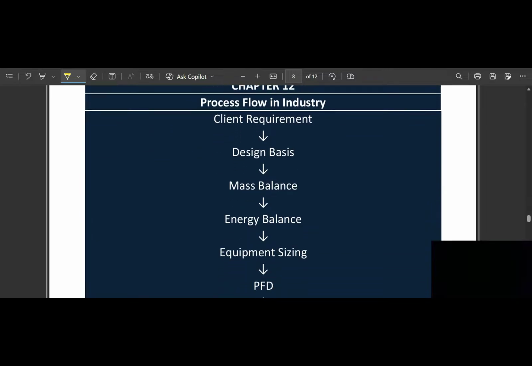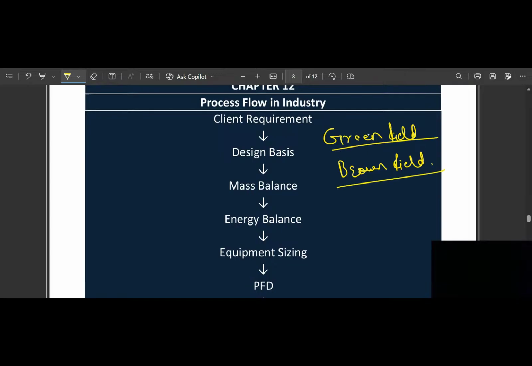Then process flow in industry. What is the process flow in any industry? If any client has some requirement, it's either a greenfield project or a brownfield project. So you should know what greenfield and brownfield are.